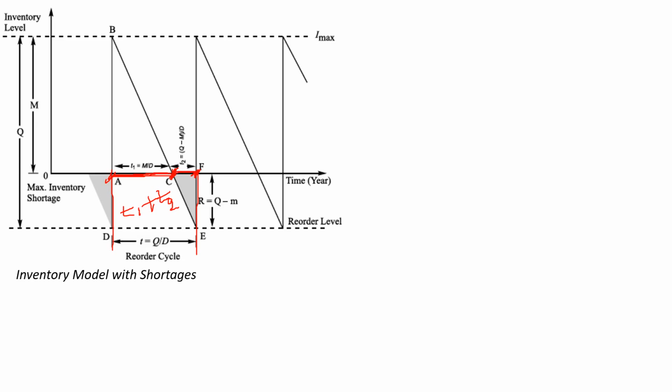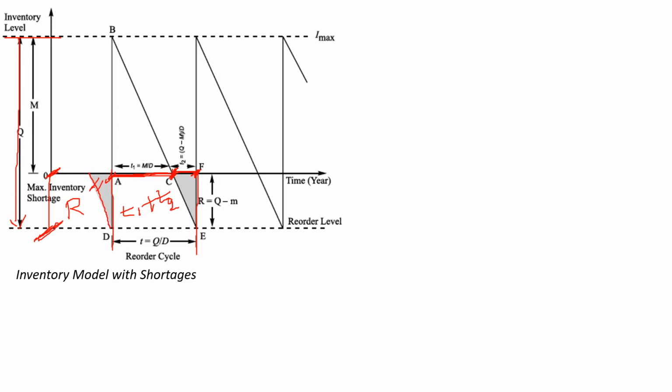So this is what we call the reorder cycle, that is the total cycle time, T1 plus T2. And one more thing here, capital R is the maximum shortage, which we indicate by capital R. Here we are receiving the quantity capital Q. First we have to fill the shortage amount.